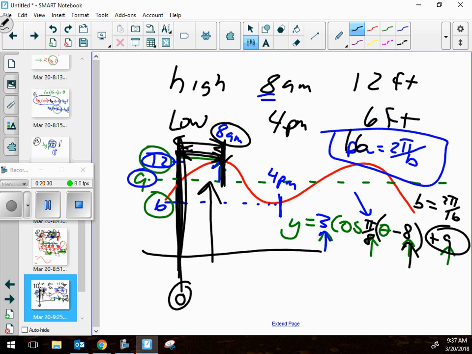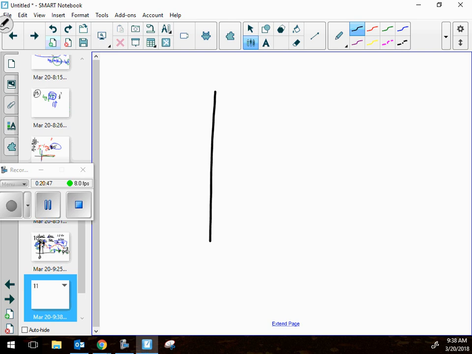Yes? Which one will we start at, high tide? Didn't I start at high tide this time? Did we? High was at 8 a.m. and low was at 4 p.m. So we did start at high tide. So I'll just give you a quick, what if we hadn't? What if we had a wave?